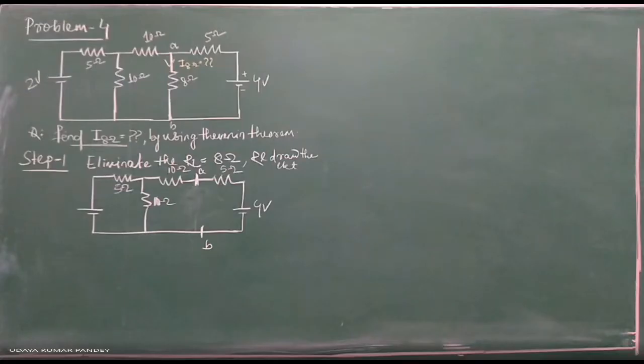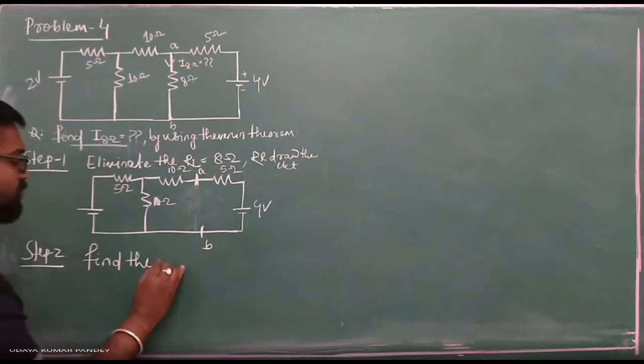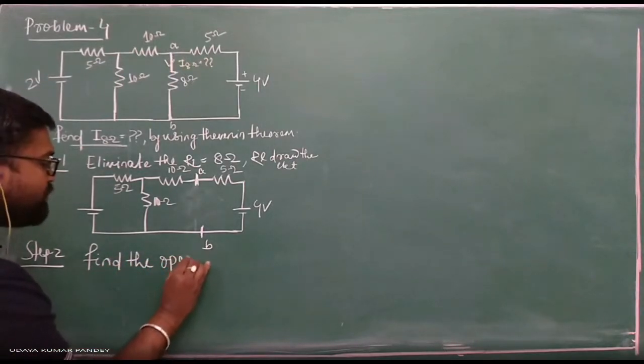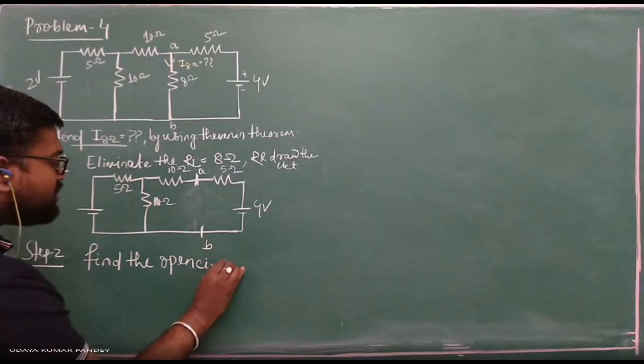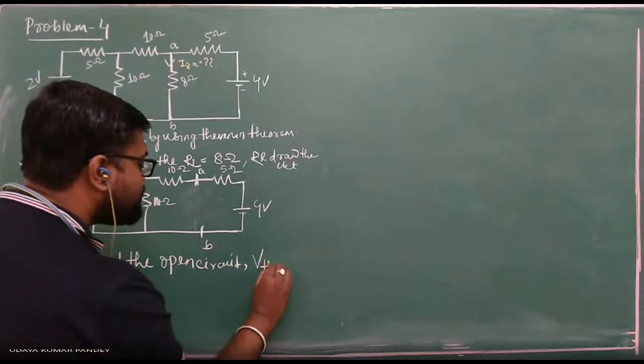Then come to the point. After step one, in step two I have to find the open circuit voltage, otherwise known as VTH.